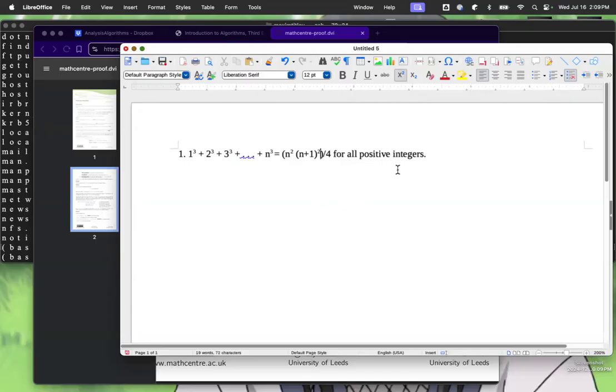Okay, so now here's the thing. For my basis step, they said for all positive integers, I'm just going to show that 1 cubed is equal to this thing over here, right?